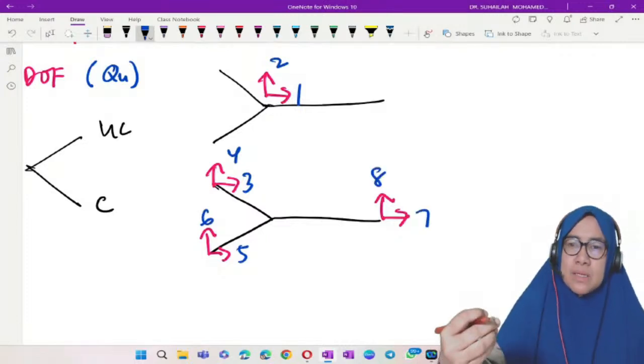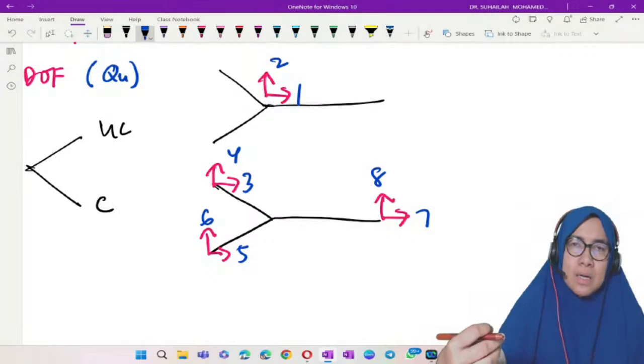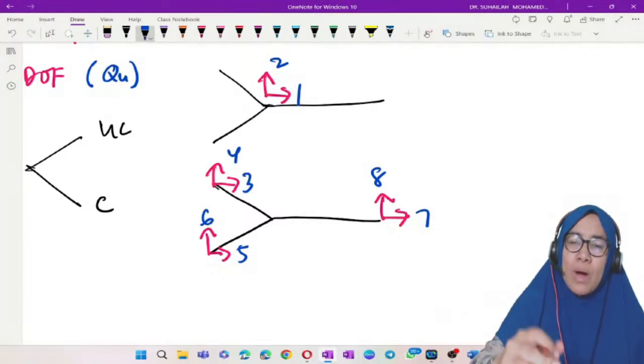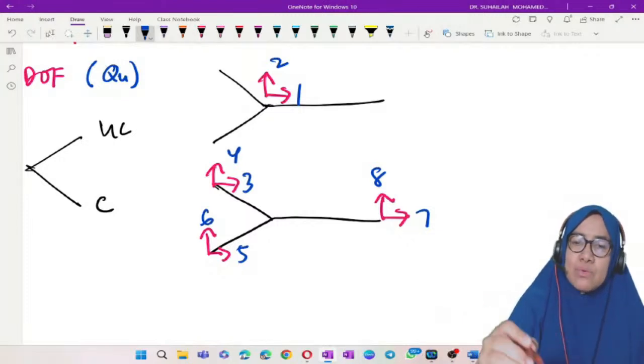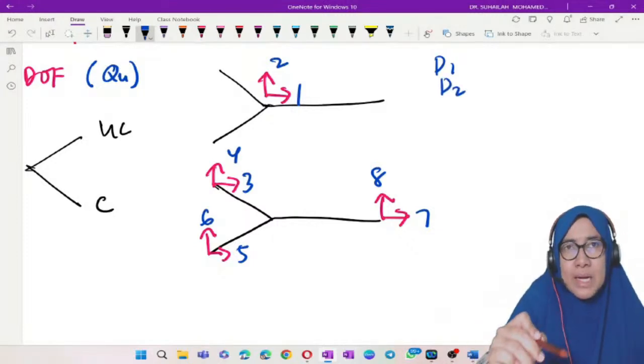So it means we have divided the system into two conditions. There are two unknown displacements, 1 and 2, which refer to D1 and D2.